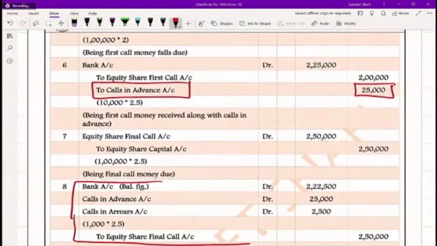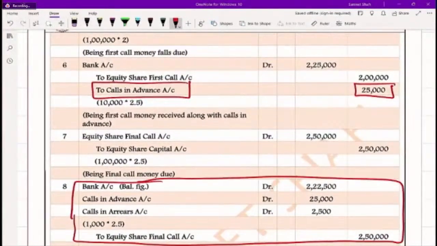So this is a red pen entry fully. Bank account debit, calls in advance account debit, calls in arrears account debit to equity share final call. Whenever you are writing it, please write it by red pen. This will help you at the time of revision. So sixth entry is important, and 8th entry is a red pen entry.